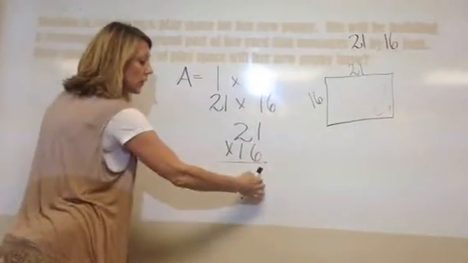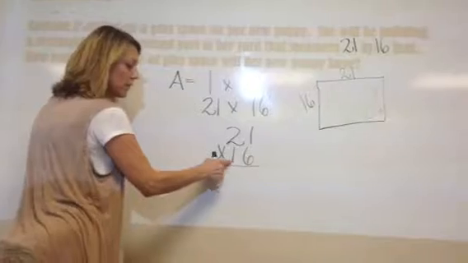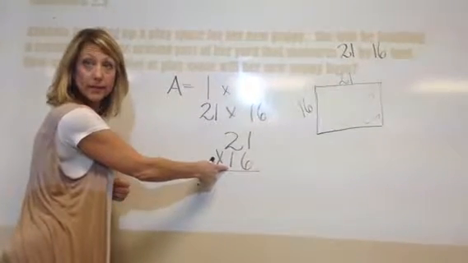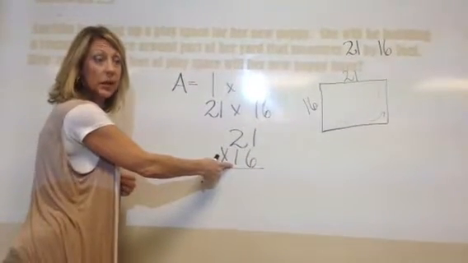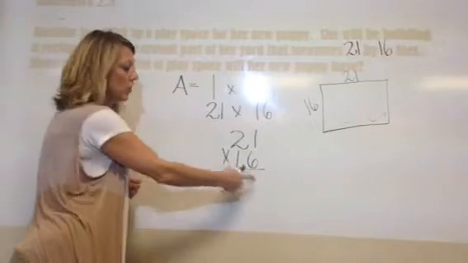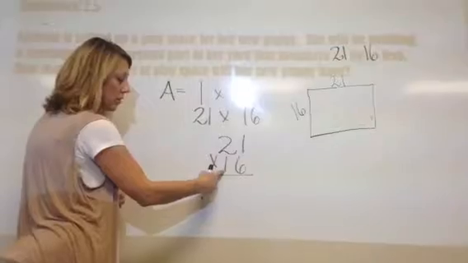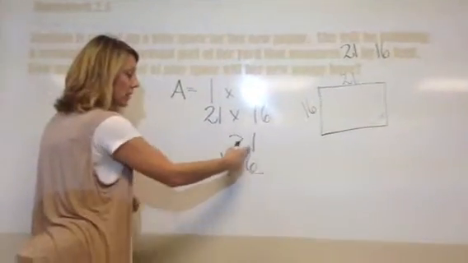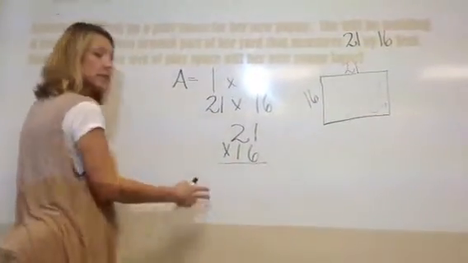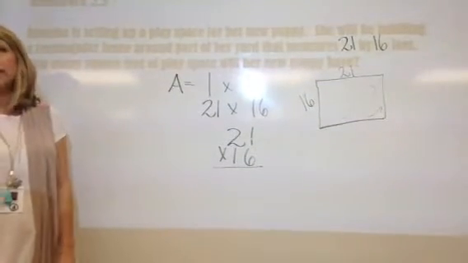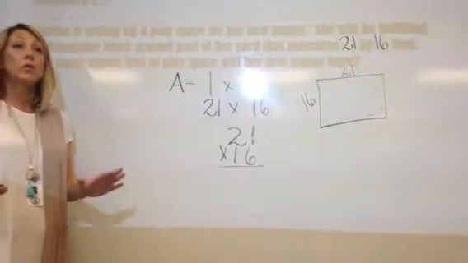The next thing I'll do is put a place saver in the ones place, because this is a 1, but the 1 is in what place? The tens place, so it's technically a 10. So I already have my 0 in the place as a place saver, and I will multiply this 1, which is in the tens place, times 1 and times 2. I'll get my second partial product, and then lastly I'll add, and the final thing will be my answer.